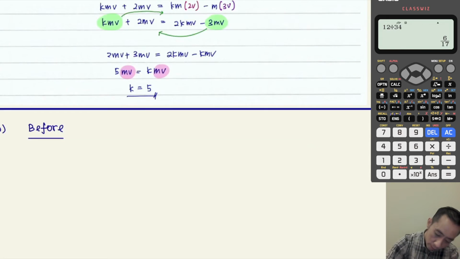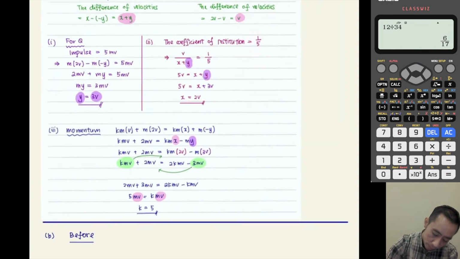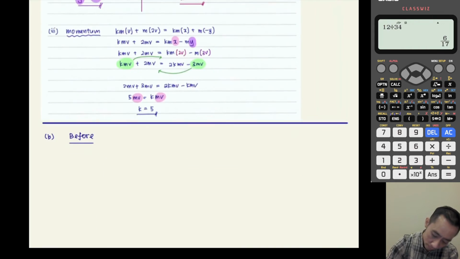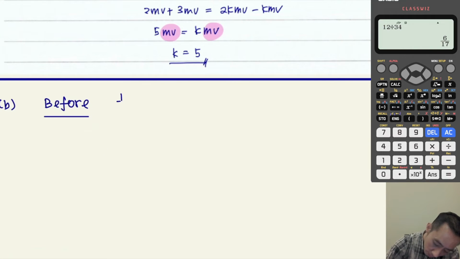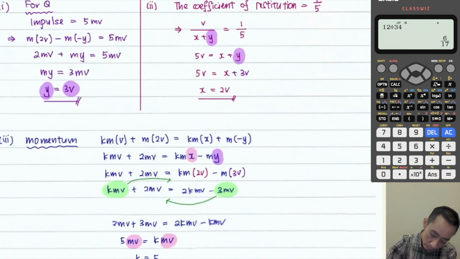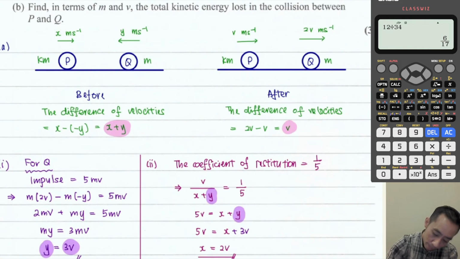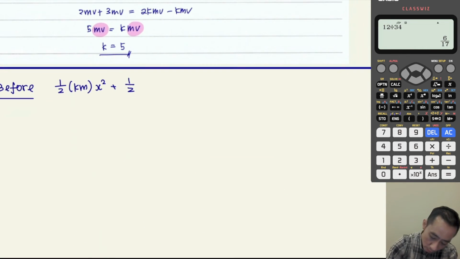Before, the kinetic energy that we have is 1 over 2 mv squared. For P, 1 over 2 km, the mass is km, the speed is x, so km x squared, plus 1 over 2, for Q, the mass is m, the speed is y, so my squared.